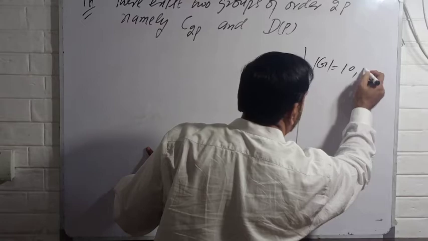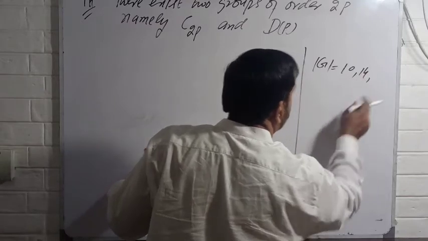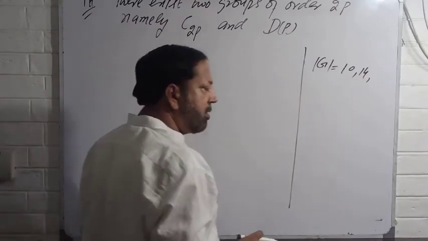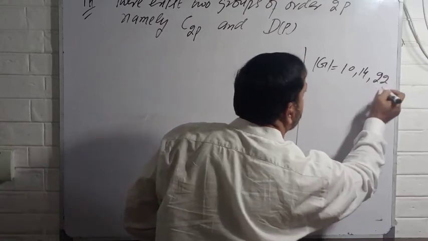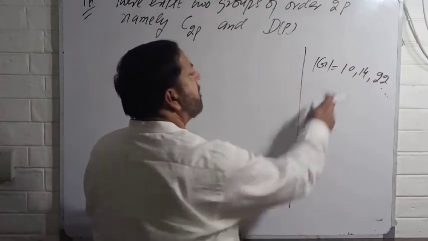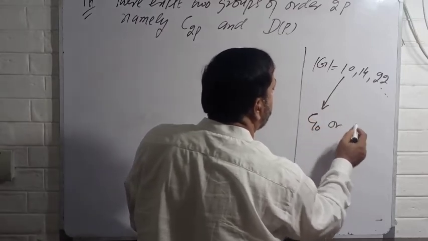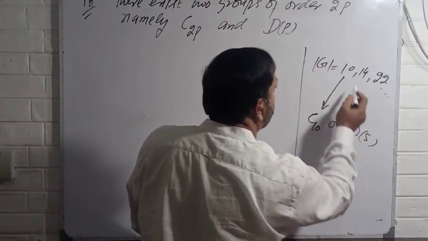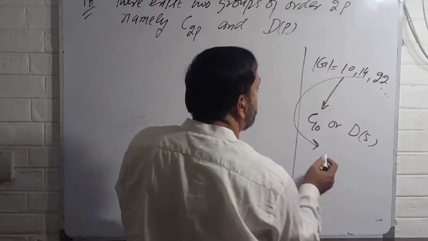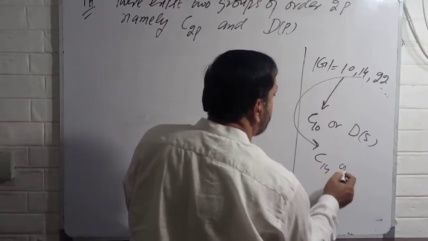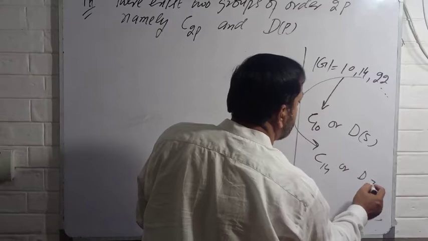or 14 or 22 or so on, this means that for 10, either you have C10 or you have D5. And for 14, either you have C14 or you have D7.